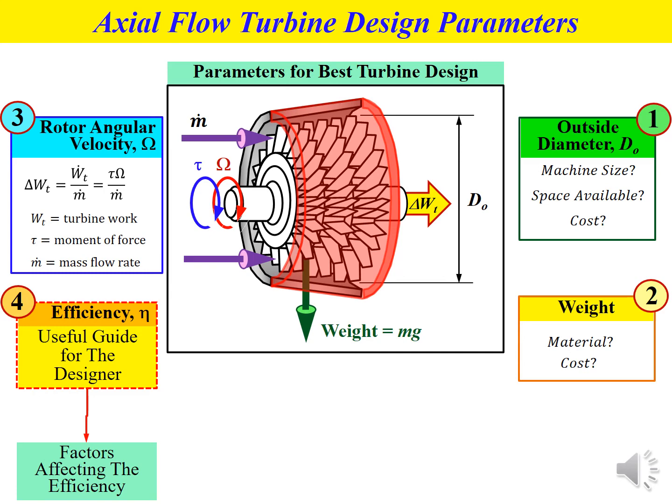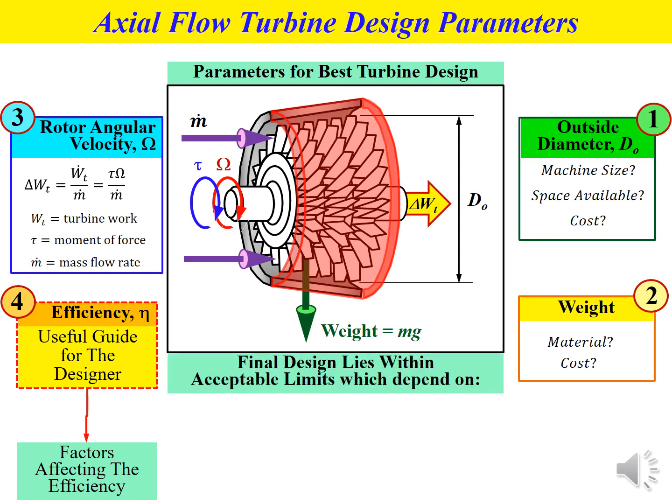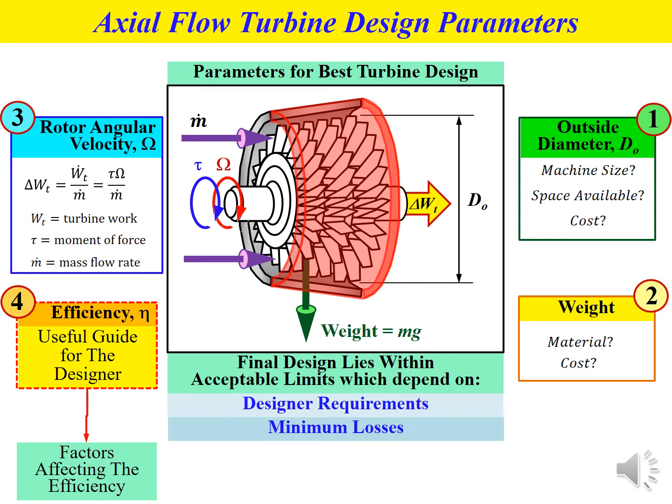So that's why we study the factors that affect the efficiency of the turbine. The final design in terms of parameters will lie within acceptable limits, which depend on the design requirement: the minimum losses value and also the maximum efficiency value.